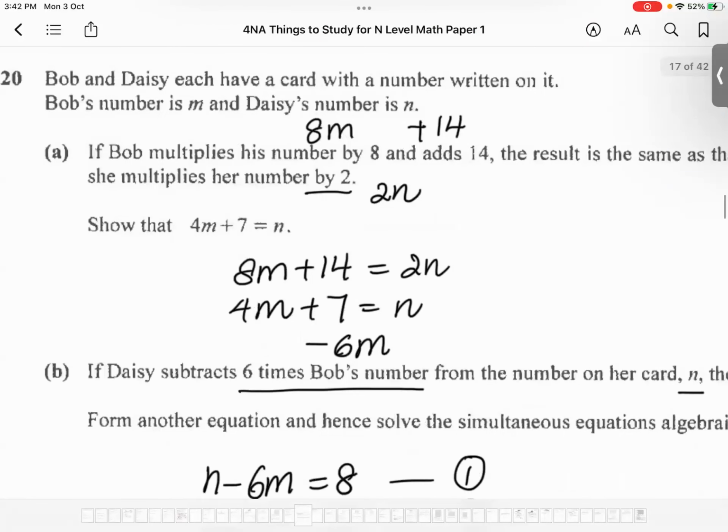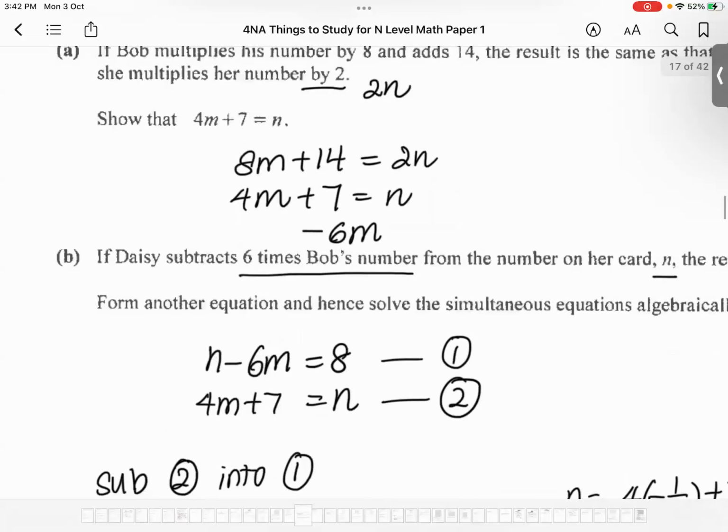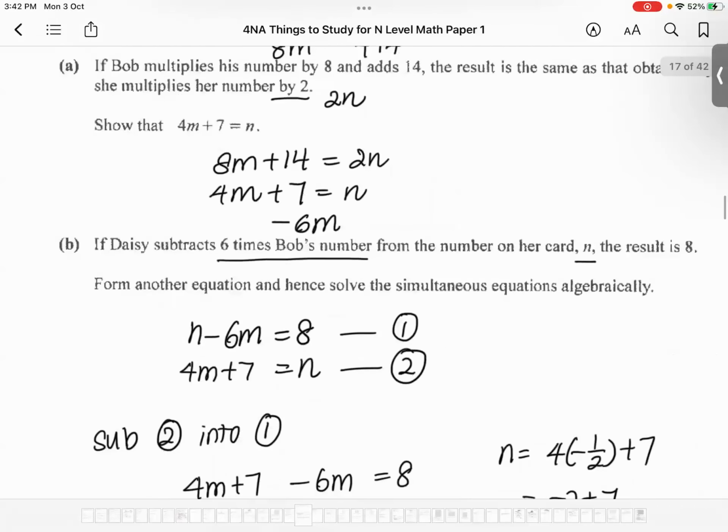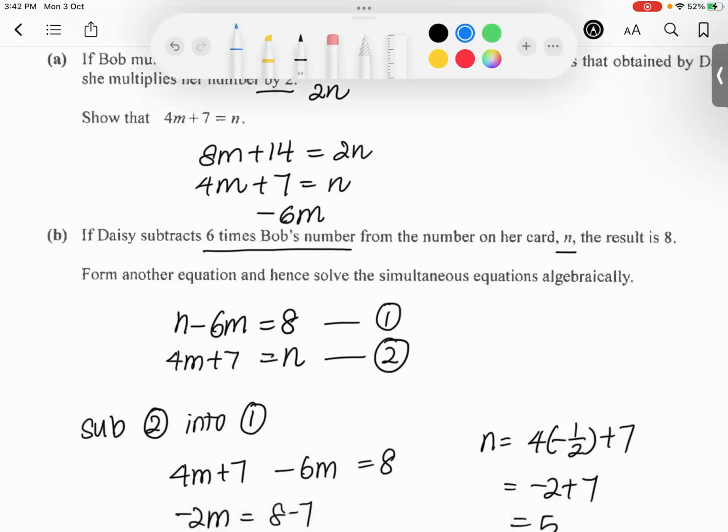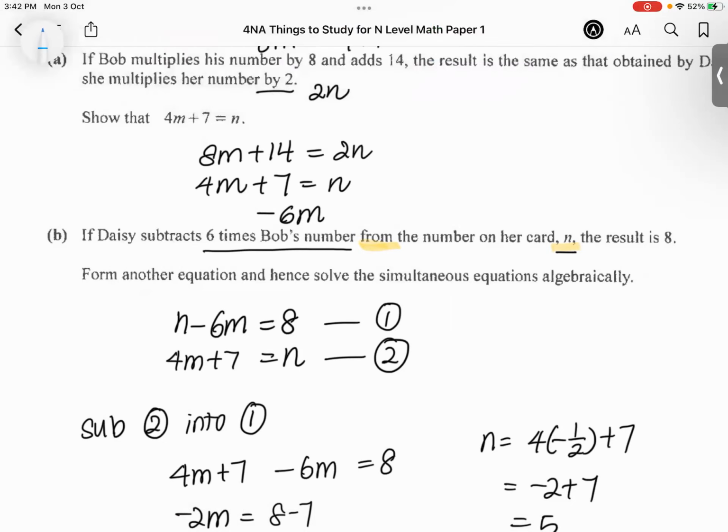Next one, subtract 6 times Bob's number, so minus 6n from the n. So when they say it's from something, n is in front and the minus 6n is at the back. If you put it the other way around, your answer will be wrong. So this one is just to highlight the types of phrasing of the algebraic questions.